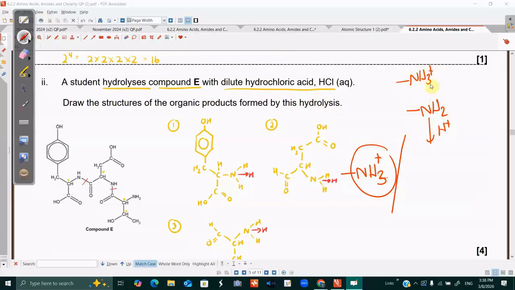NH3 plus or NH2. But if it is getting protonated, you must put the positive sign and don't put an arrow, right? It is a normal covalent bond. Once the bond is formed, it is acting as a normal covalent bond. Okay? But you must mention the charge.